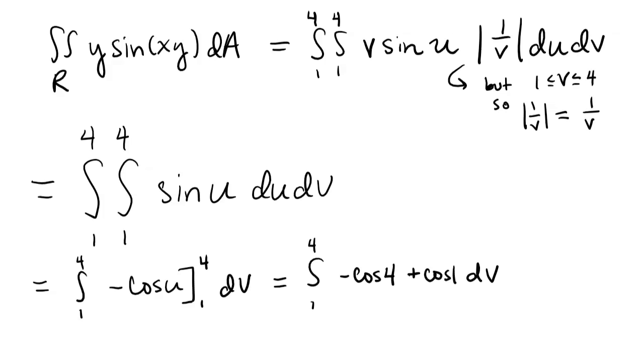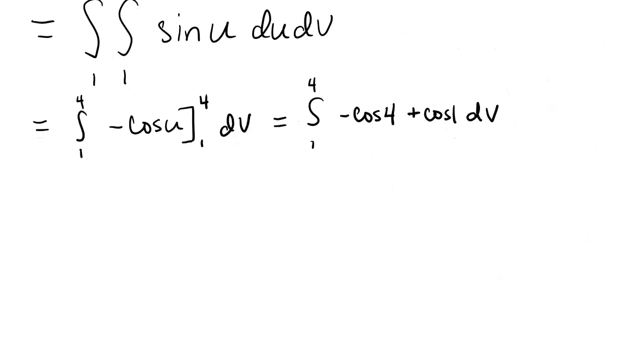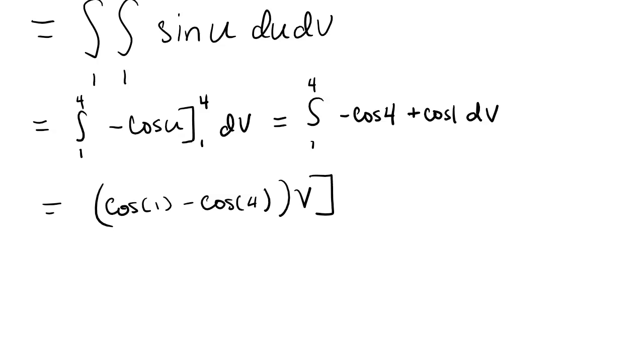And we'll just leave those in terms of cosine because they're not particularly simple reference values. So then let me just rearrange it so that it's positive first. So we'll have cosine of 1 minus cosine of 4, all times v, where then v is evaluated from 1 to 4.